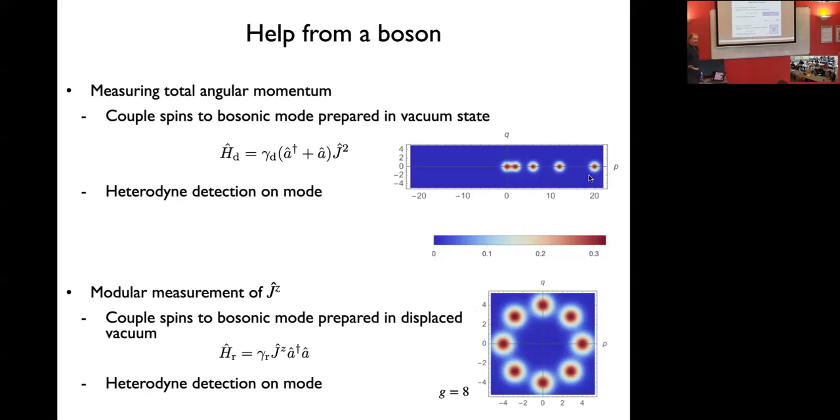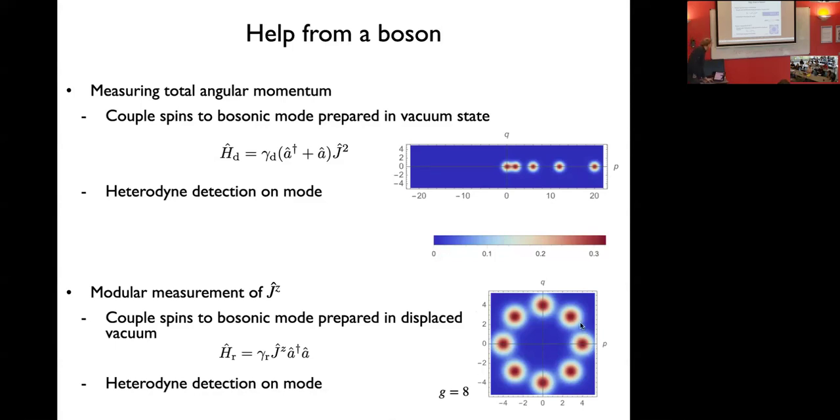To do the modular measurement of JZ, so to get a measurement of JZ modulo the bit flip distance, you can again make use of a coupling to a mode, but where it's a dispersive coupling. So you have a coupling that looks like a dagger a times JZ for the spins. Then you prepare your mode in a displaced coherent state. Here's the phase space, here would be the vacuum state, you displace it, and then you evolve the system according to the dispersive interaction.